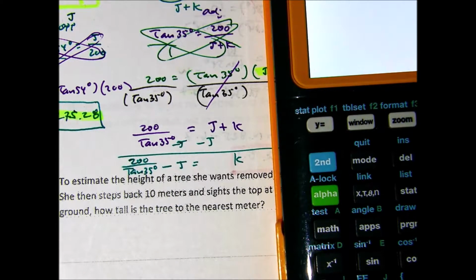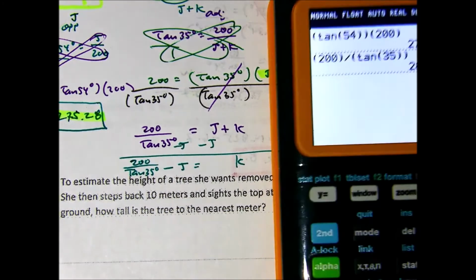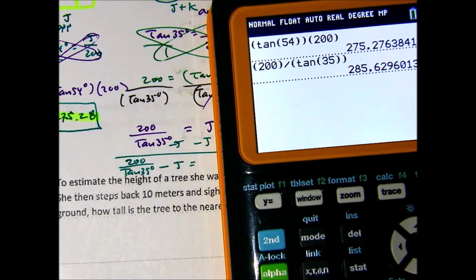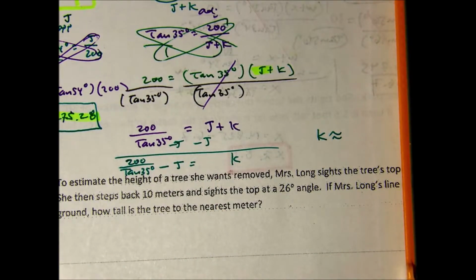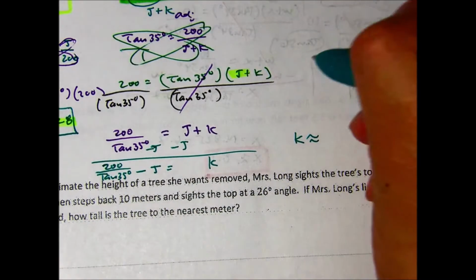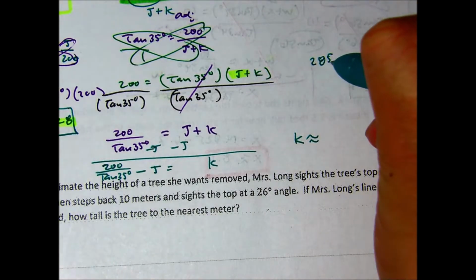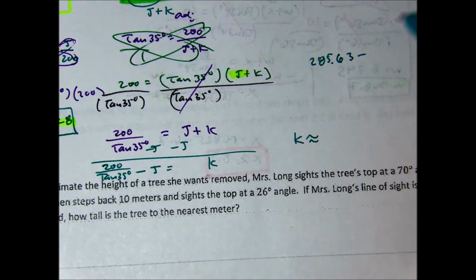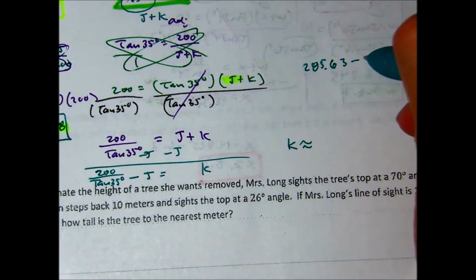200 divided by tangent 35. That gives me 285.63. And then I just subtract j, which is 275.28.